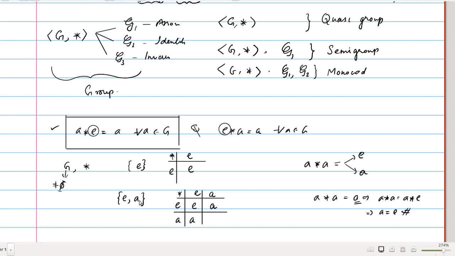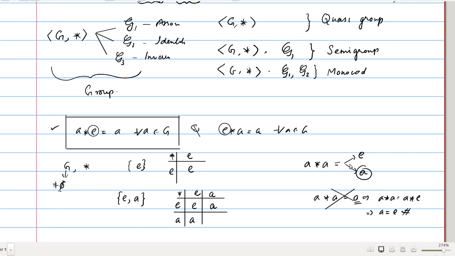We assumed that this group contains two elements, E and A, so these two quantities are never equal, and this never happens. What is the other possibility? A star A equal to A is not possible, because it implies A equal to E, which is a contradiction.